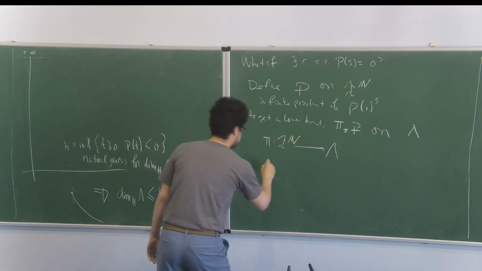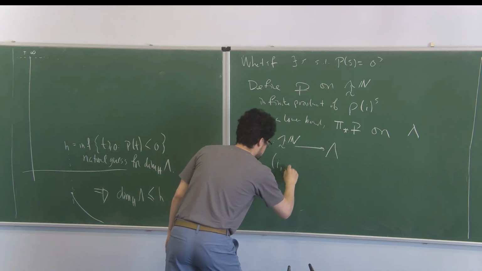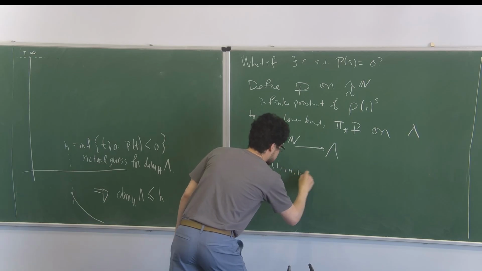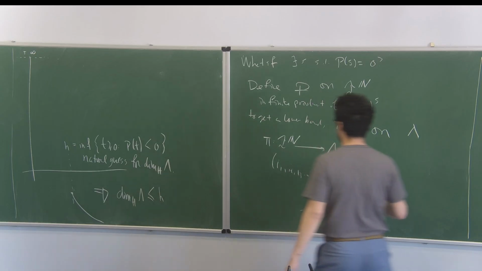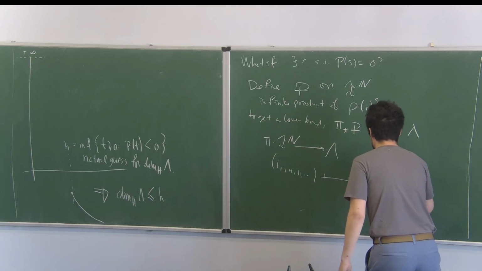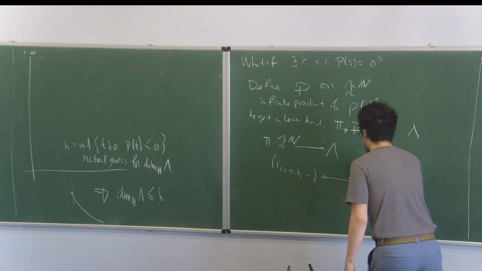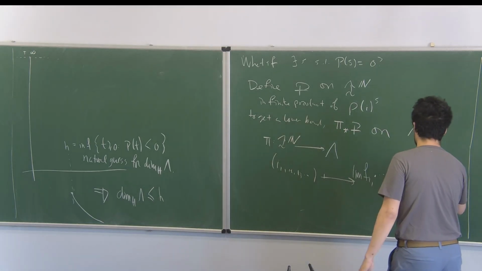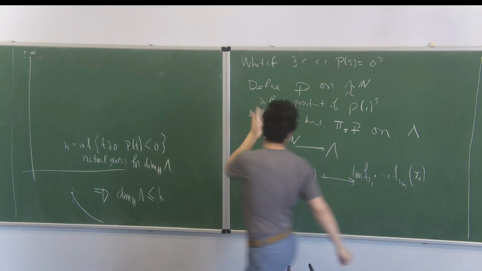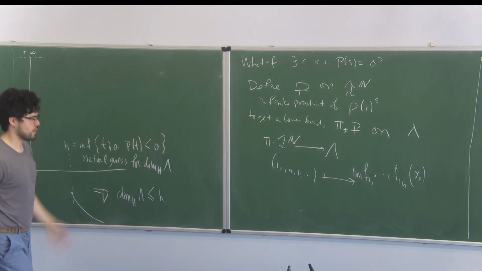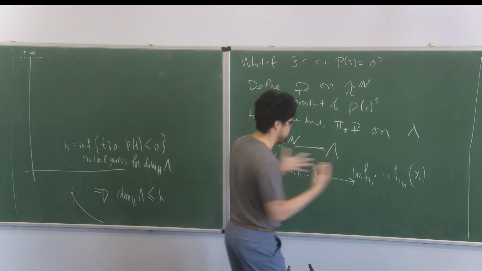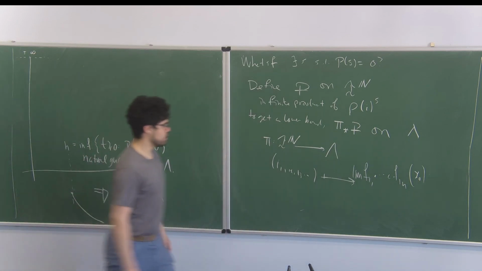It takes a sequence i1, i2, i3, and sends it to the limit of the composition f_i1 composed through f_in, applied to some starting point x0. So we have a natural symbolic space. We put a measure on the symbolic space, then we use it to construct a measure on the set itself, and then we use this measure to get a lower bound.